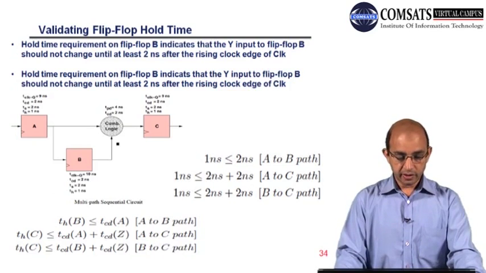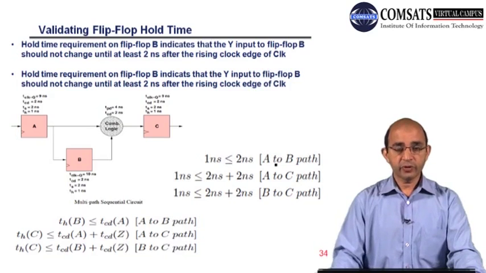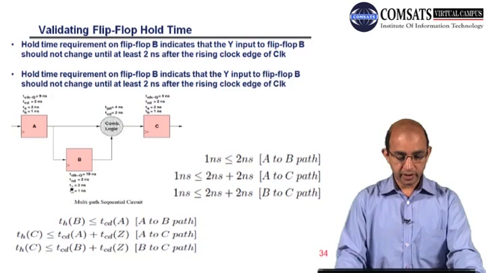Here you can see we have to evaluate different paths from A to B. From A to B, 1 nanosecond and 2 nanosecond. You can see we have hold time 1 nanosecond and TCD that is 2 nanosecond.